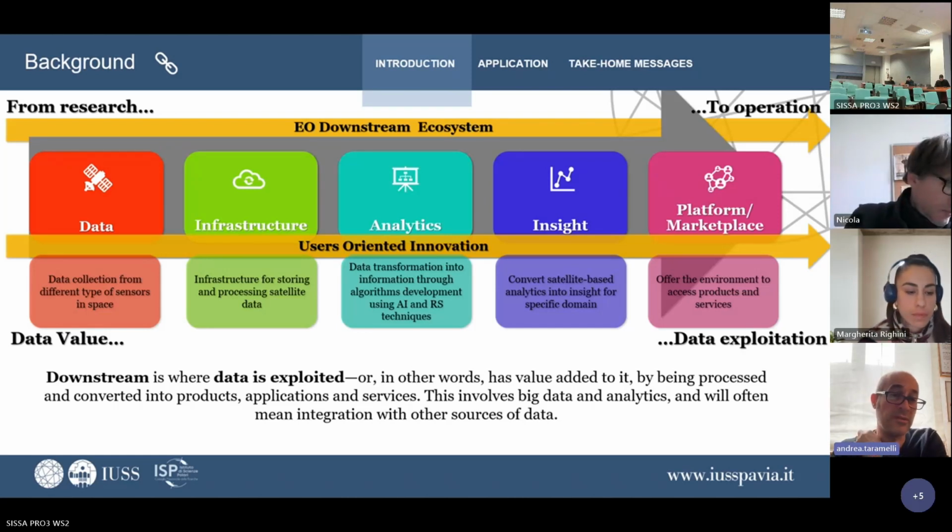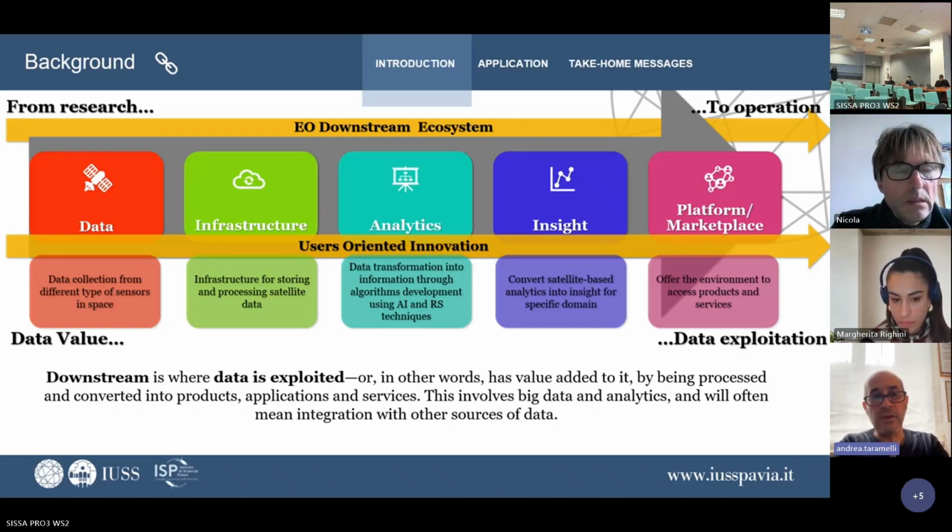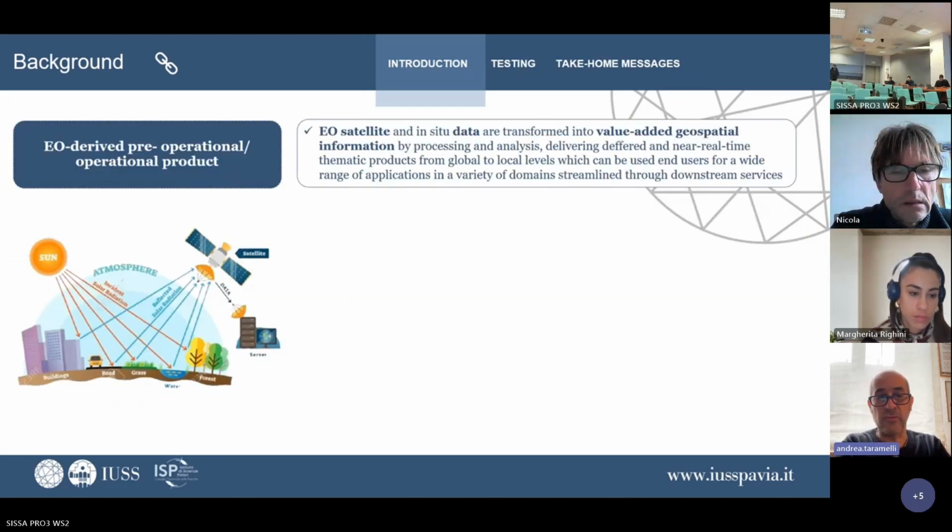So we took the chance to use this first, what we call seminal project, to start this type of analysis. Today we are going to present a small example, but when we go from research to operation, we have to really understand what we are talking about.